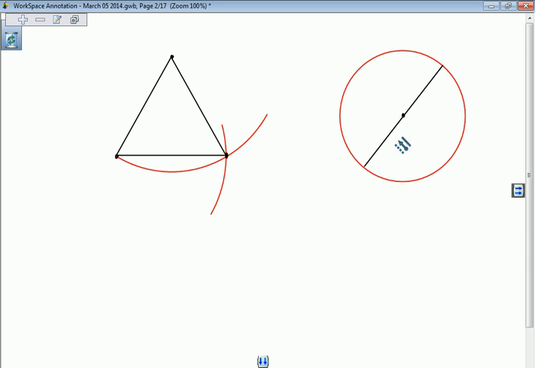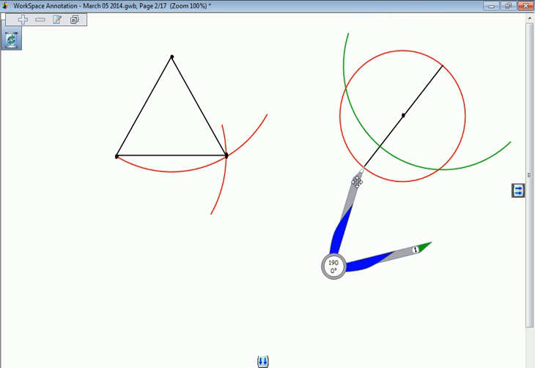So then I'm going to put in the perpendicular bisector to this line. To do a perpendicular bisector, what do I have to do? I have to bring it out here. I have to go past the halfway point. I'm going to change the color real quick. And then we have to arc up and arc down. Then we switch to the other endpoint, and arc up and down.